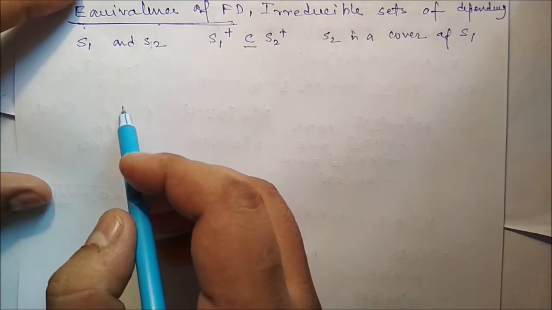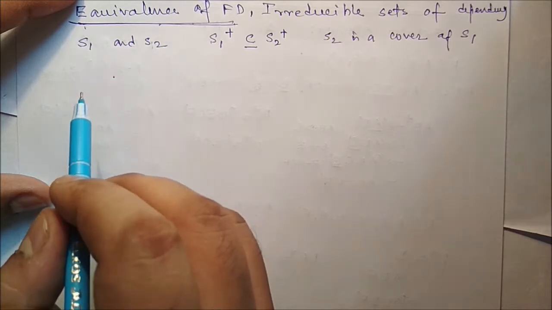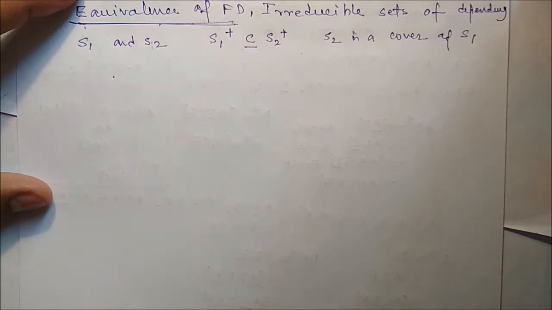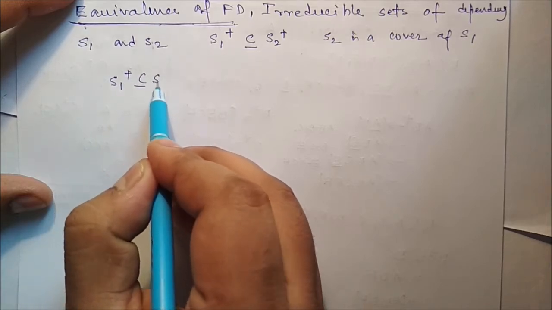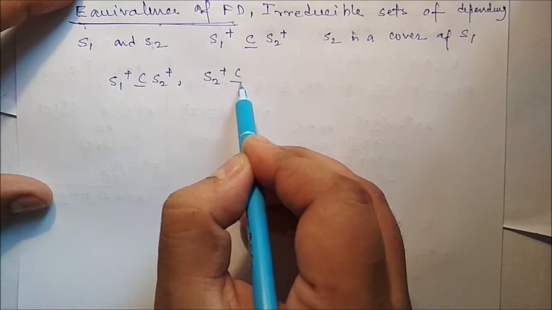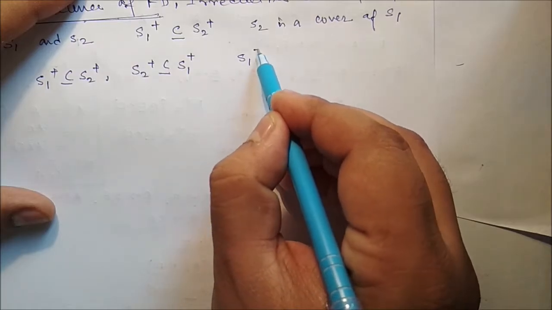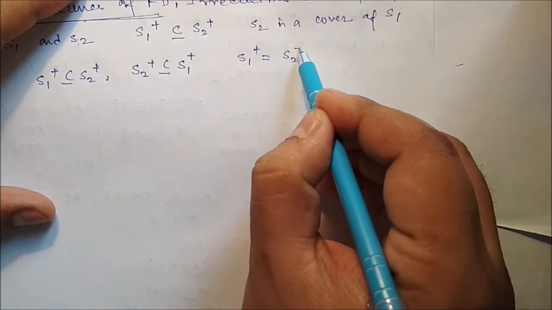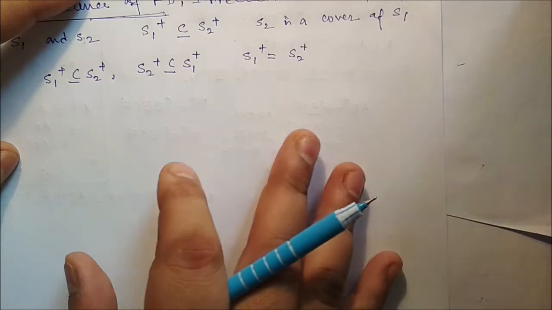If S2 is a cover of S1 and S1 is a cover of S2, then S1 closure is equal to S2 closure, and we say that S1 and S2 are equivalent.